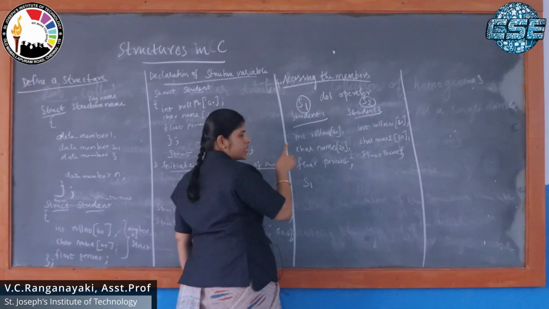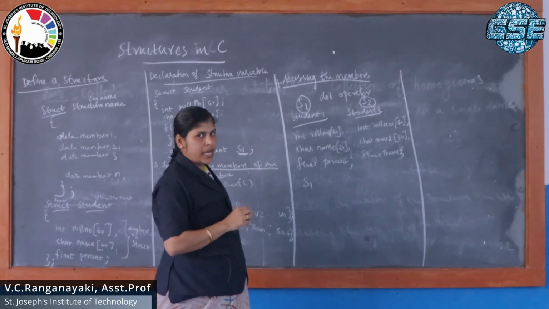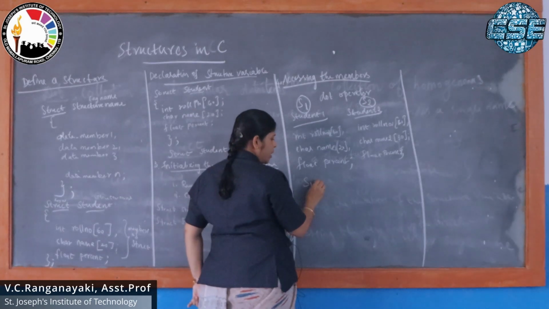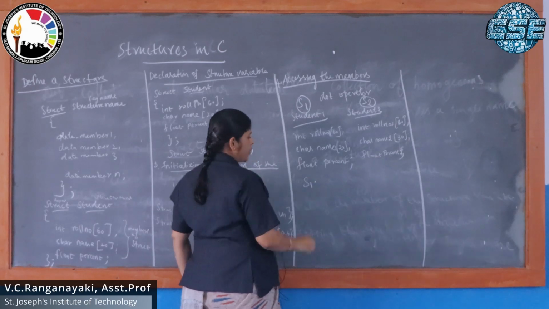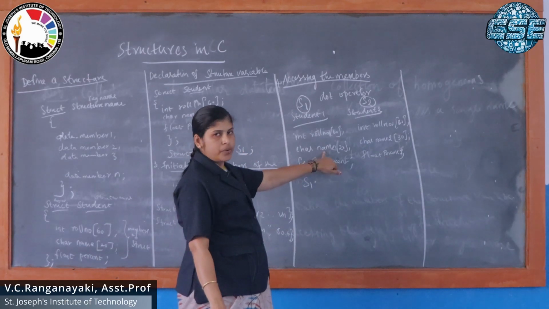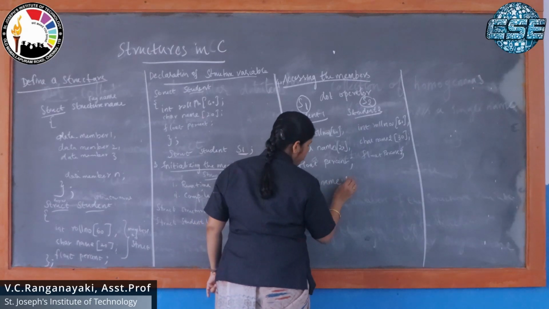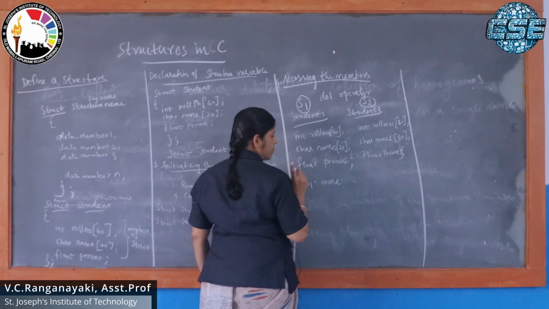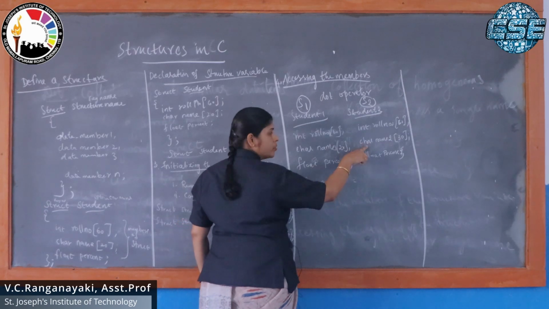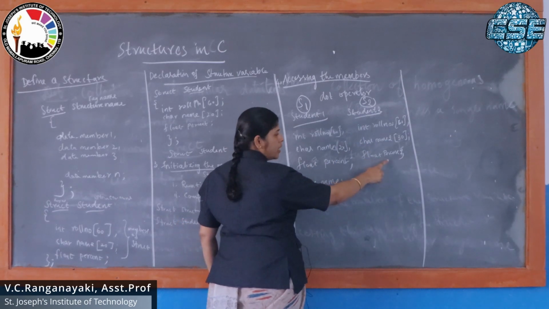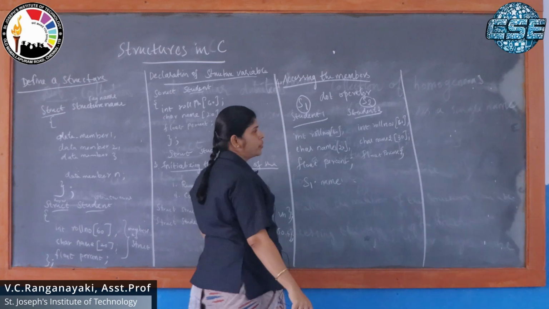Okay, with the help of S1 and the dot operator we can access, no? So S1 dot, now I want to know the name of student 1. So S1 dot name 1 will get the name. Okay, and I want to access the percentage of student 2.